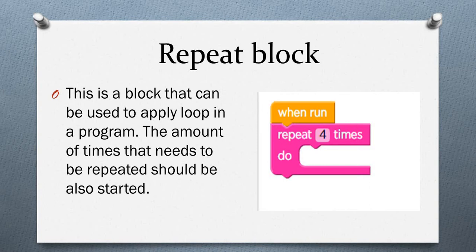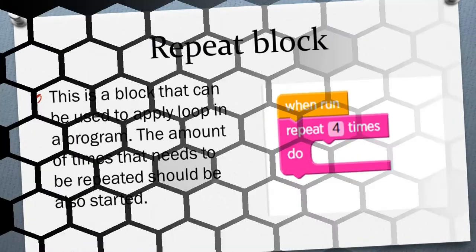We should note that any action that we want to perform, any program that we want to create, must be placed inside the repeat block, because it is only when they are placed inside the repeat block that the repeat block will be able to do exactly what we tell it to do.